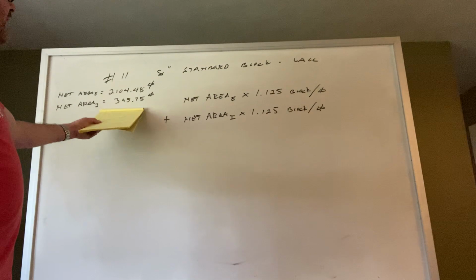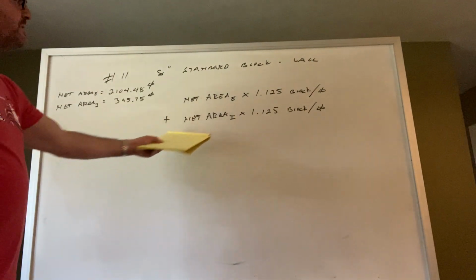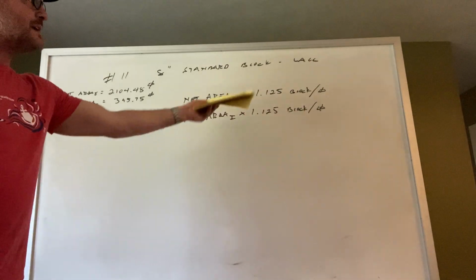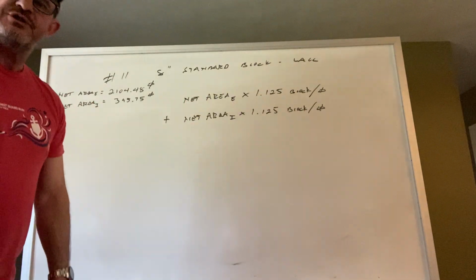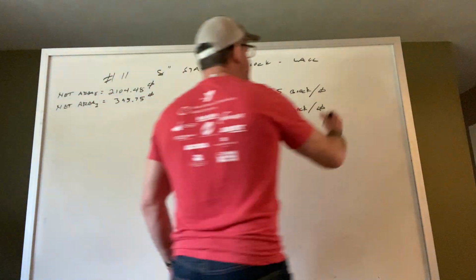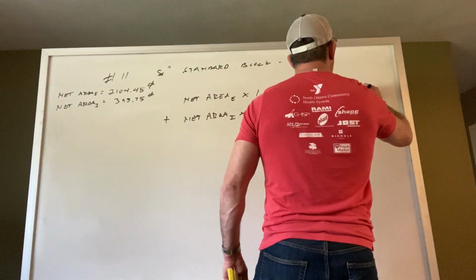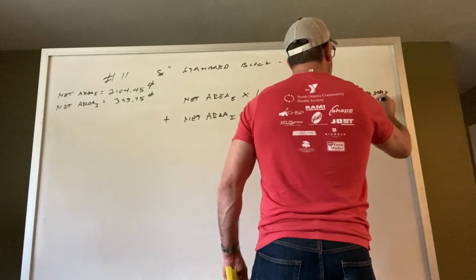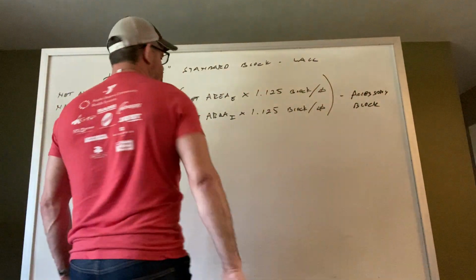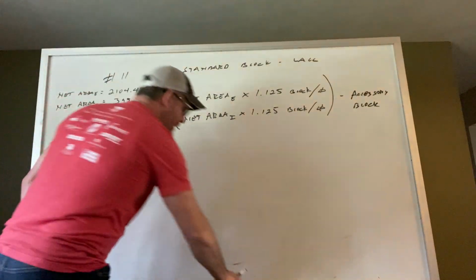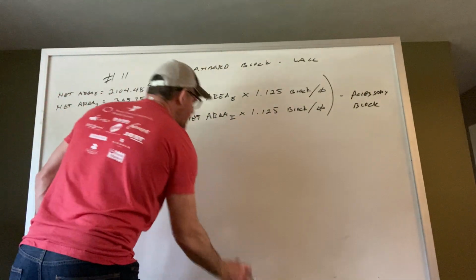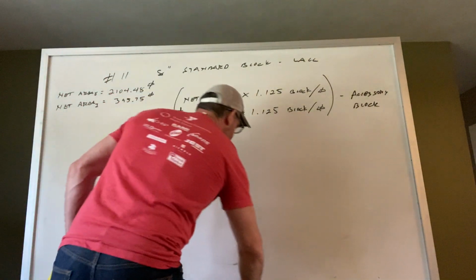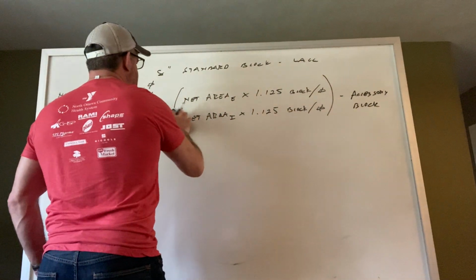Or could I add those two together and then just put one formula up there and just say net area E plus I times 1.125 block per square foot? Sure, I could do that. And then finally, we will subtract out our accessory block, all of the block that we just determined. Technically, this should go in there, but everybody should be following along. So let's go ahead and do it the way we had it set up.